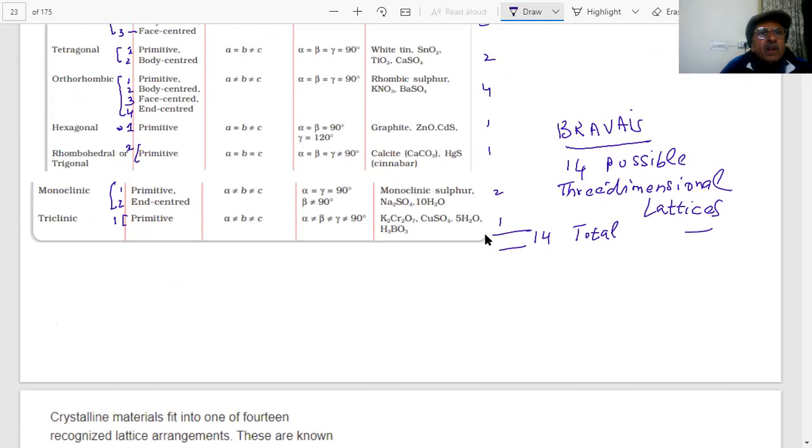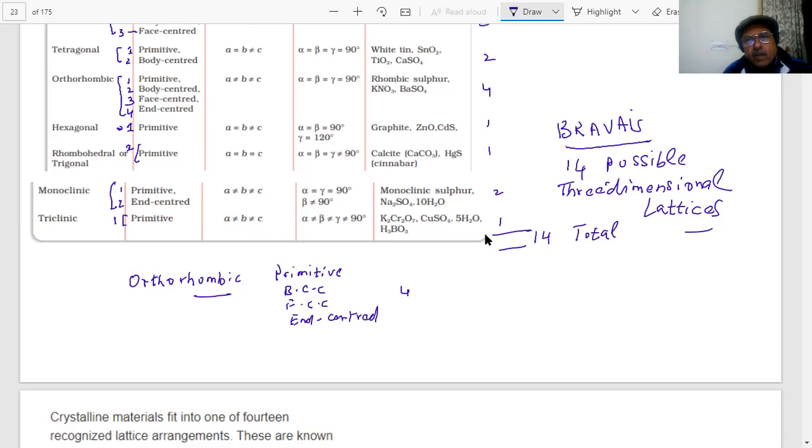Orthorhombic. This question has been asked in the paper, student. Orthorhombic. This orthorhombic can exist in primitive, face centered, body centered, and end centered forms.